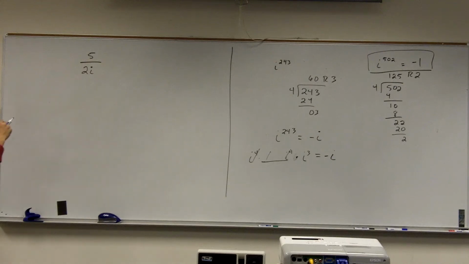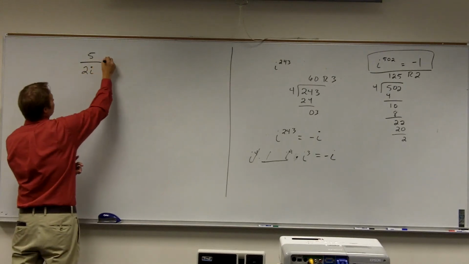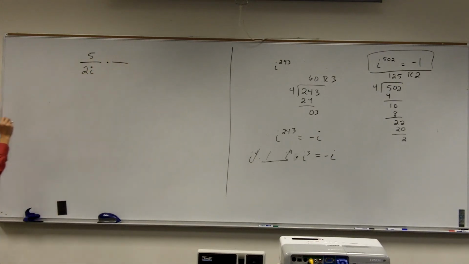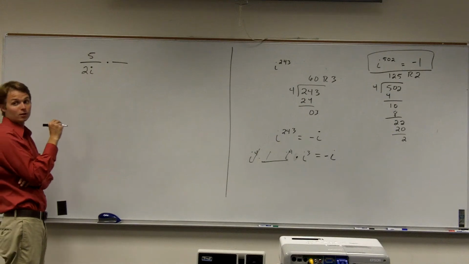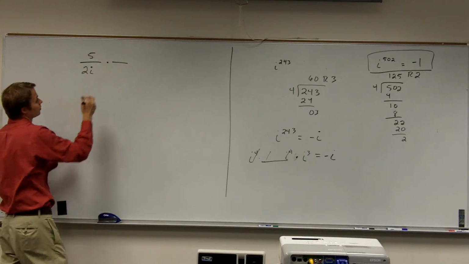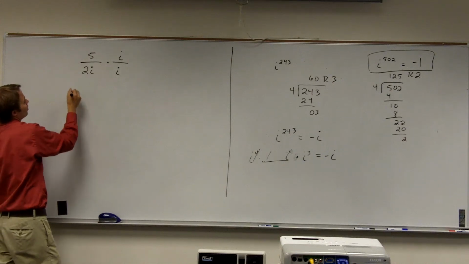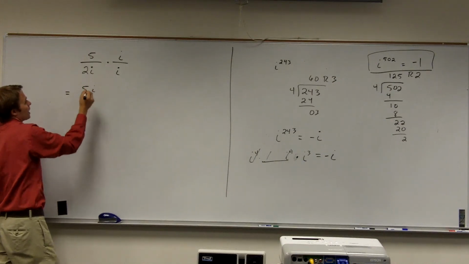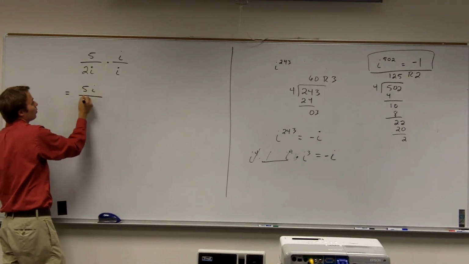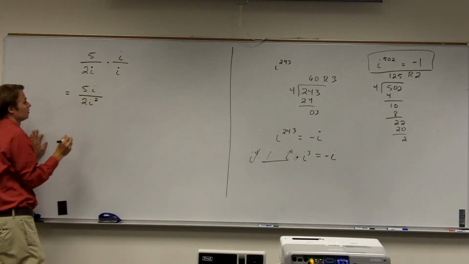You probably want to multiply it by something, right? In this case, I could actually just go through and multiply by i, like this. Because this will give me 5i, that's okay in the numerator, over 2i squared.